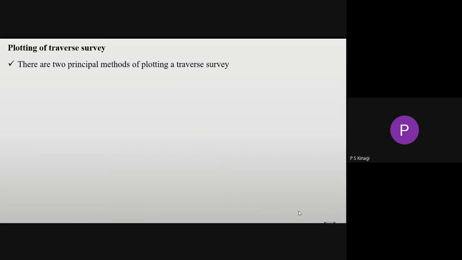For plotting of a traverse survey, there are two methods. One is the angle and distance method, and the second one is the coordinate method.